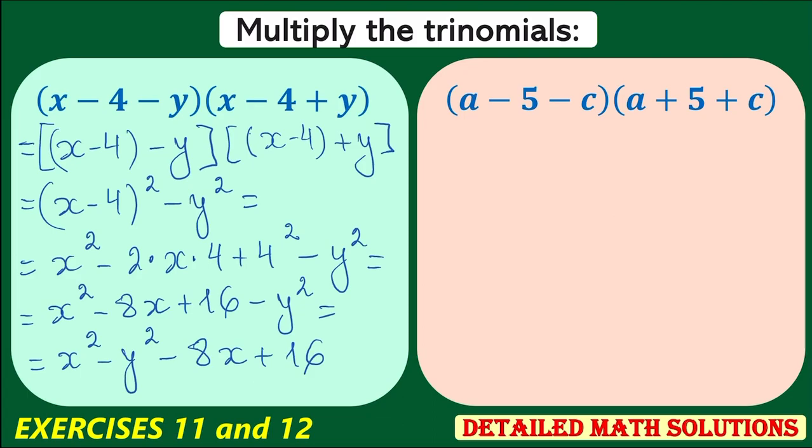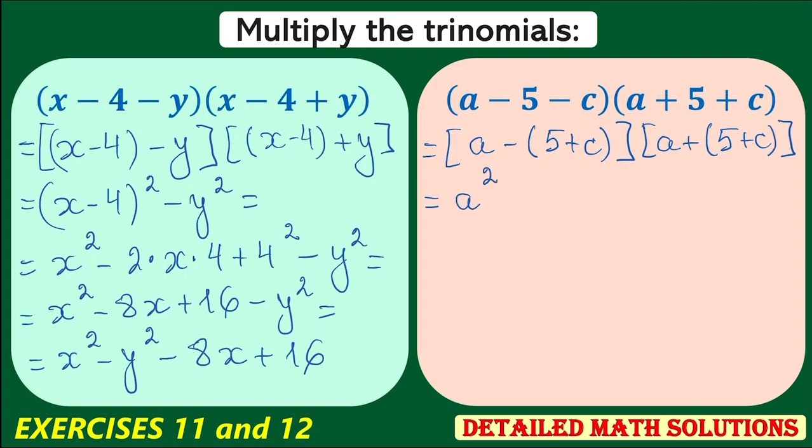Lastly, I'm going to multiply the trinomials a minus 5 minus c in parentheses and a plus 5 plus c in parentheses. This equals a minus 5 plus c in square brackets multiplied by a plus 5 plus c in square brackets, which equals a squared minus 5 plus c in parentheses squared.